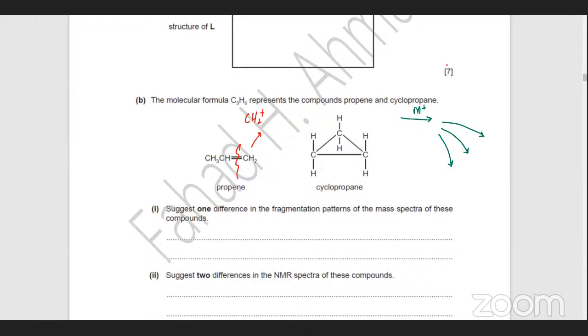It's equally possible that a fragment could break in this molecule, and you could get a tiny fragment of CH2 over here as well. So you're going to get a particle with a mass of 14 over here, and a particle with a mass of 14 over here as well. That's a similarity. There's a possibility that this fragment could exist in this molecule, and it can also exist in this other molecule. Is this part clear?